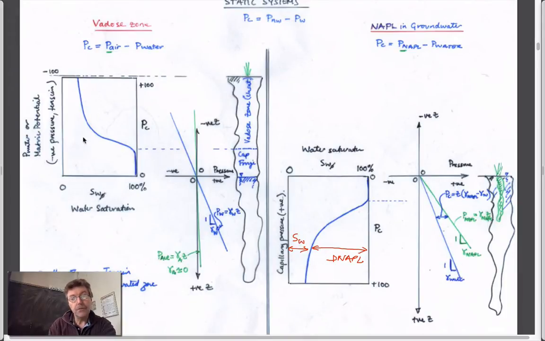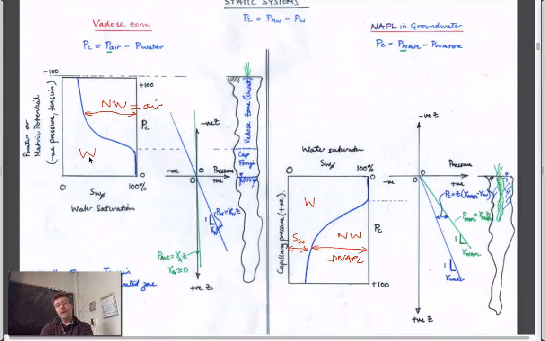And if it's above the water table, then this would be the saturation, again, of the non-wetting phase. This is the non-wetting part. This is the wetting part. This is the non-wetting phase, which in this case is air. And the wetting phase would be the water.